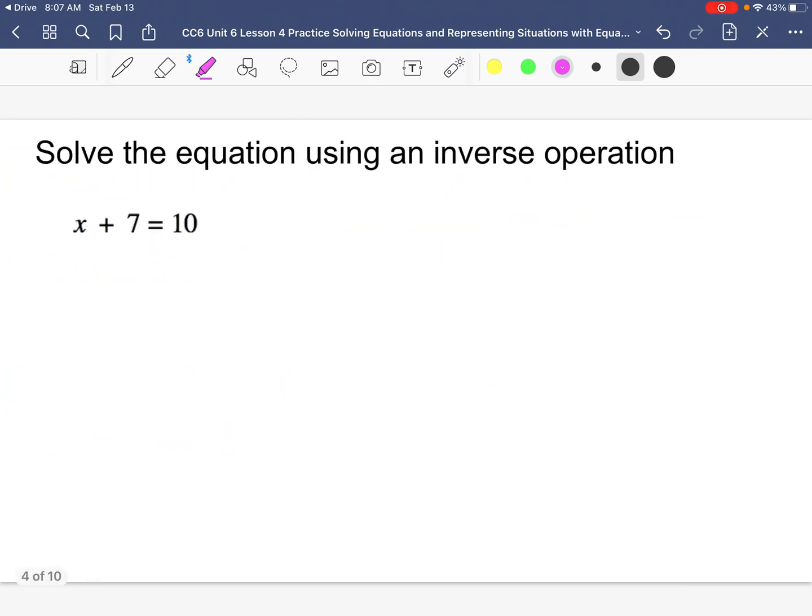So solve this equation using an inverse operation. You saw how we solved equations like this with balance hangers, where we had x and some numbers on the left. I'm going to quickly draw 1, 2, 3, 4, 5, 6, 7. And on the other side, I have 10.